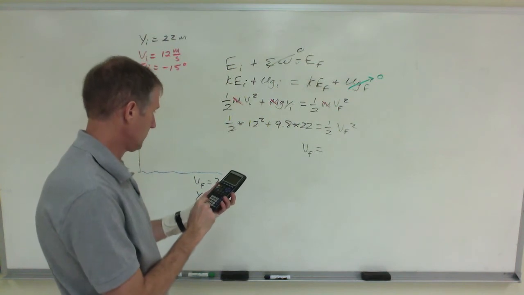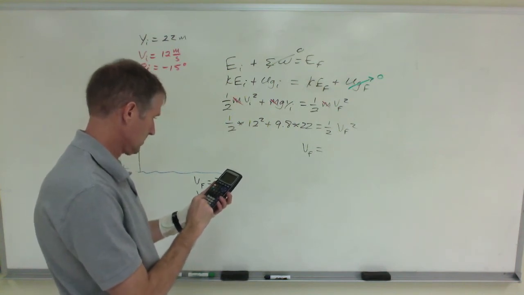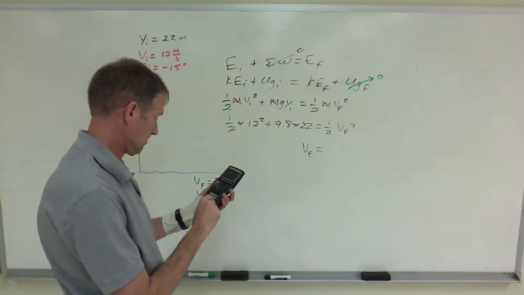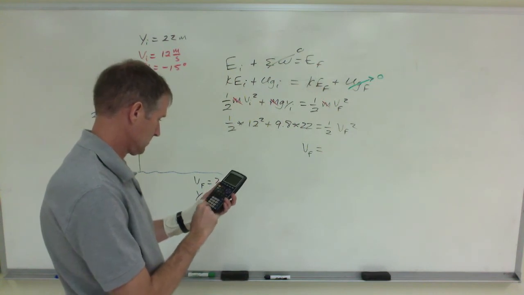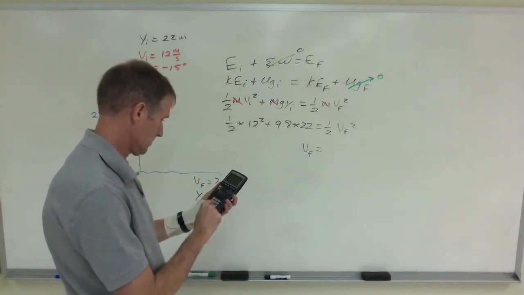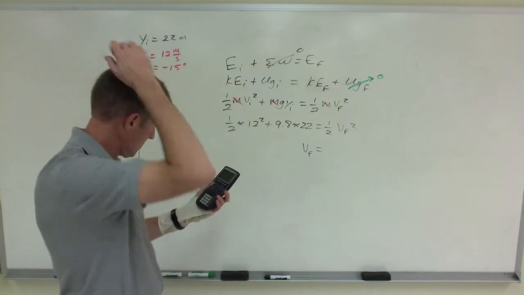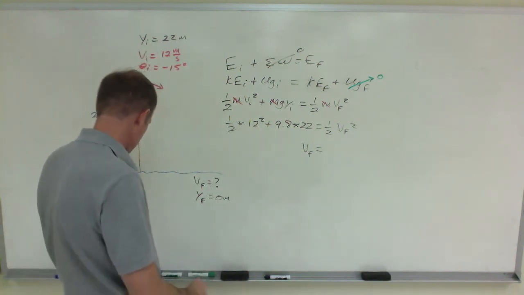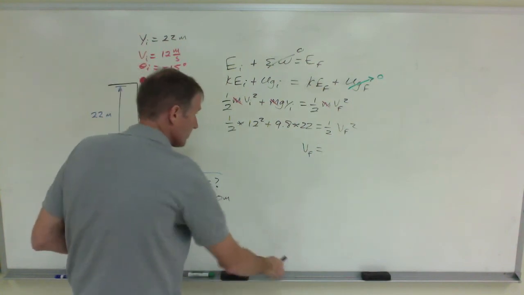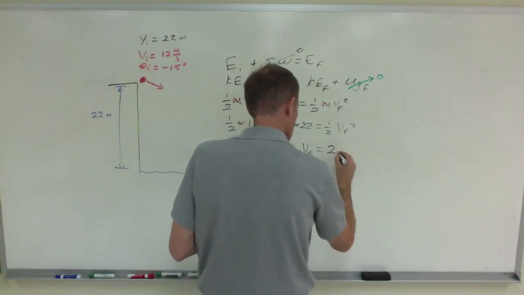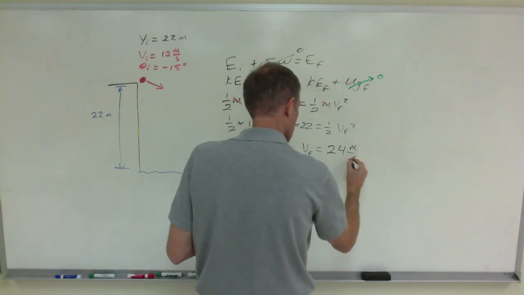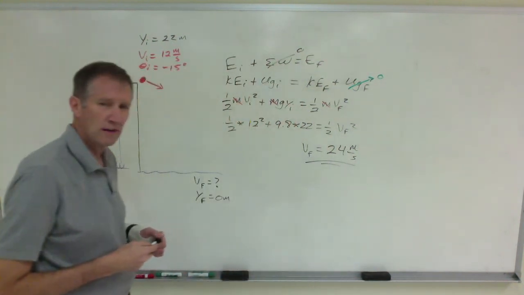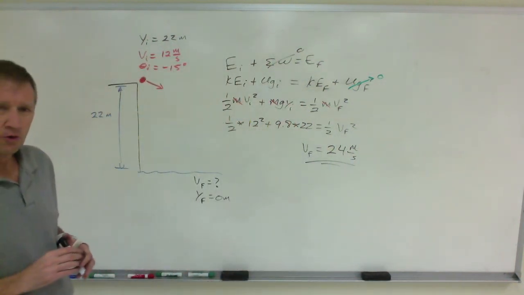That's going to be that plus, square root, is around 24 meters per second. So it will strike the ground at a speed of 24 meters per second.